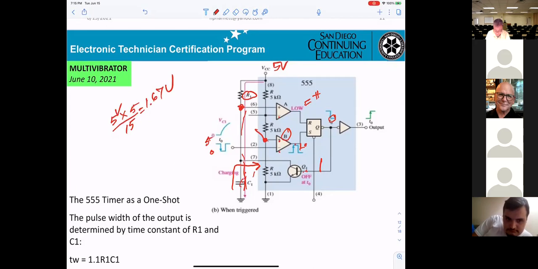And the output will only remain high for the duration of the negative pulse at pin 2. However, if this one goes to low, 0, now positive will be higher than negative. So that's telling you the output here is just opposite to what you get here.